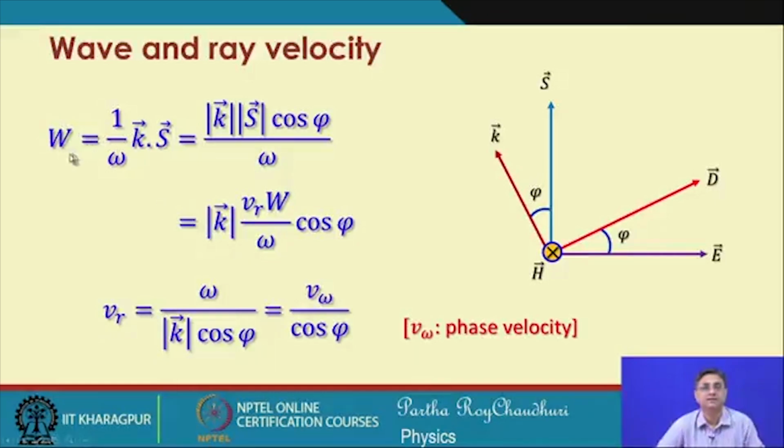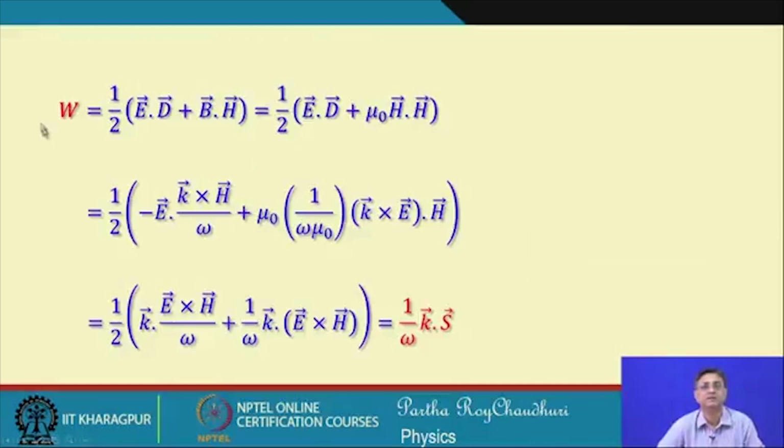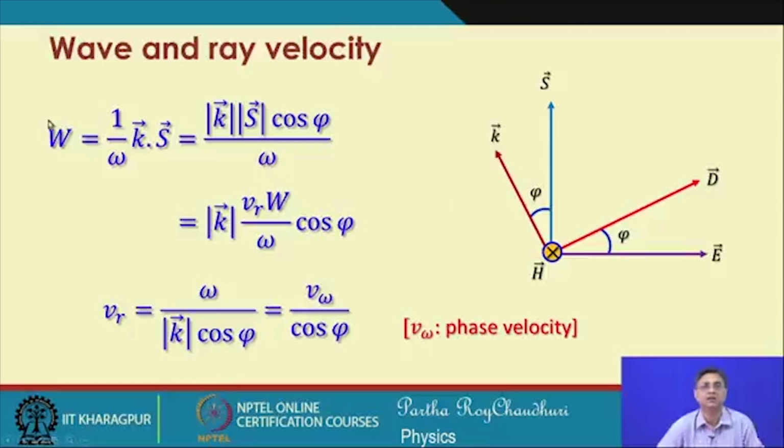You see that the energy density, just now we have seen, can be represented as 1 upon omega k dot S. So, if I use this relation W equal to 1 upon omega k dot S, but k dot S we can write explicitly like mod of k mod of S by omega into cosine phi, where phi is the angle between the direction of propagation of the electromagnetic wave and the direction of propagation of the energy, that is the Poynting vector. So, this angle is phi.